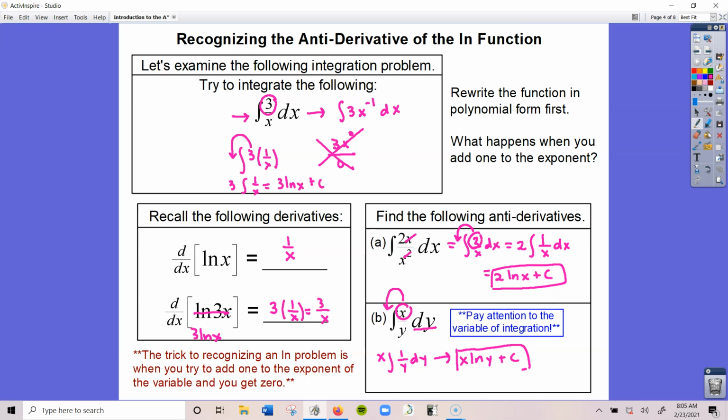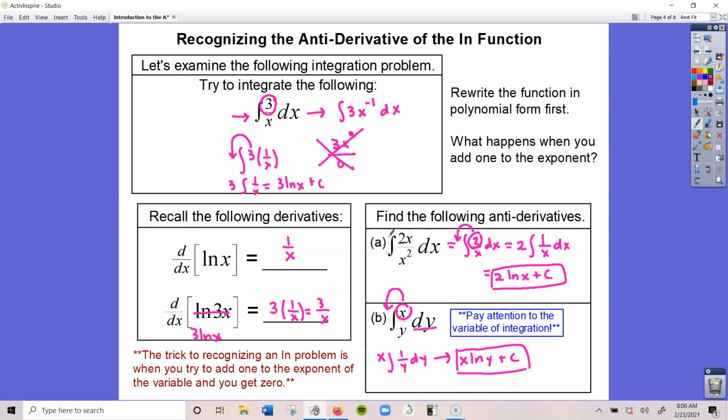Now just as a quick side note, keep in mind that when you're finding the antiderivative of any ln function, the derivative of any ln is the derivative of what's inside of the ln over what's inside. So that's why the derivative of ln of x is 1 over x, because the derivative of x is 1 and we put it over x. So if we kept it like this in this example here, 2x is the derivative of x squared, right?